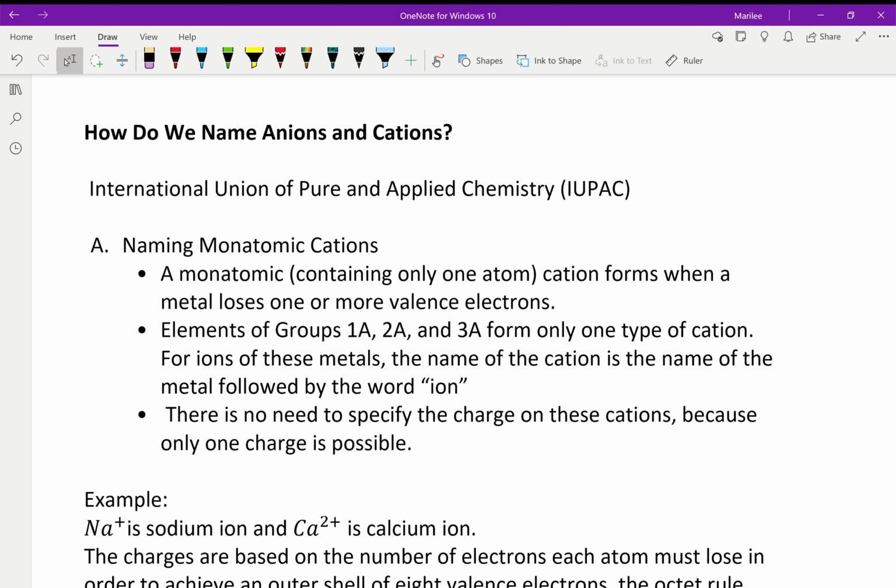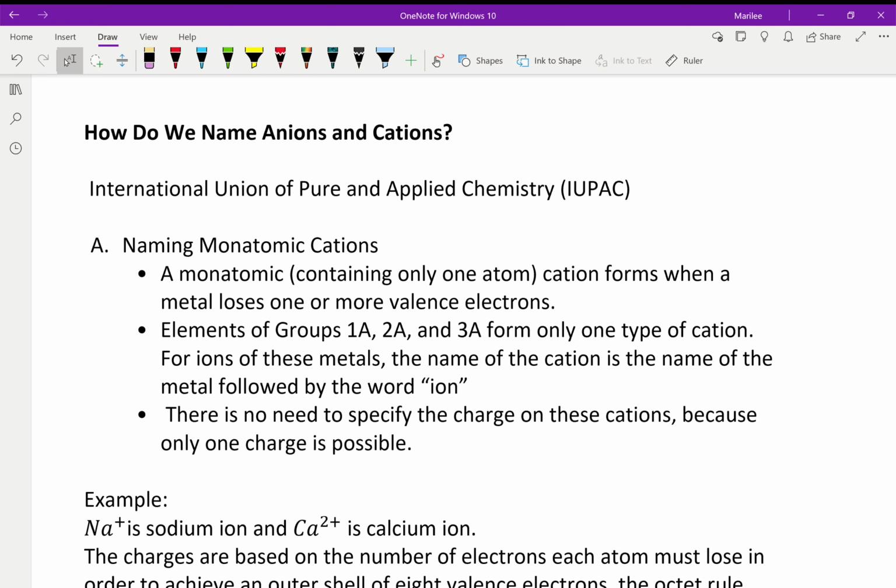First thing I'm going to go over is naming monatomic cations. A monatomic, right, which means that there's only one atom, cation, forms when a metal loses one or more valence electrons. Elements of group 1A, 2A, and 3A form only one type of cation. For ions of these metals, the name of the cation is the name of the metal followed by the word ion.